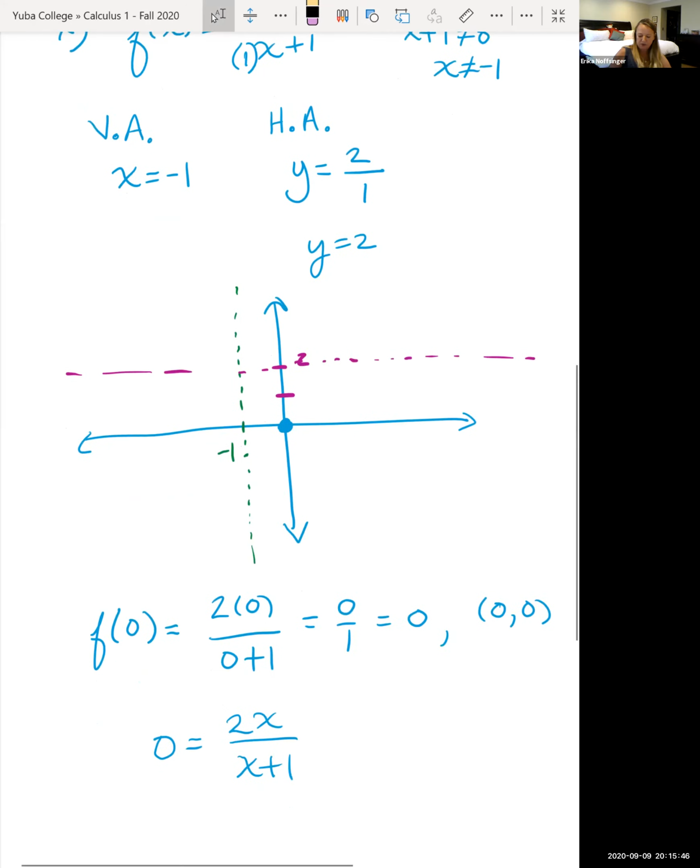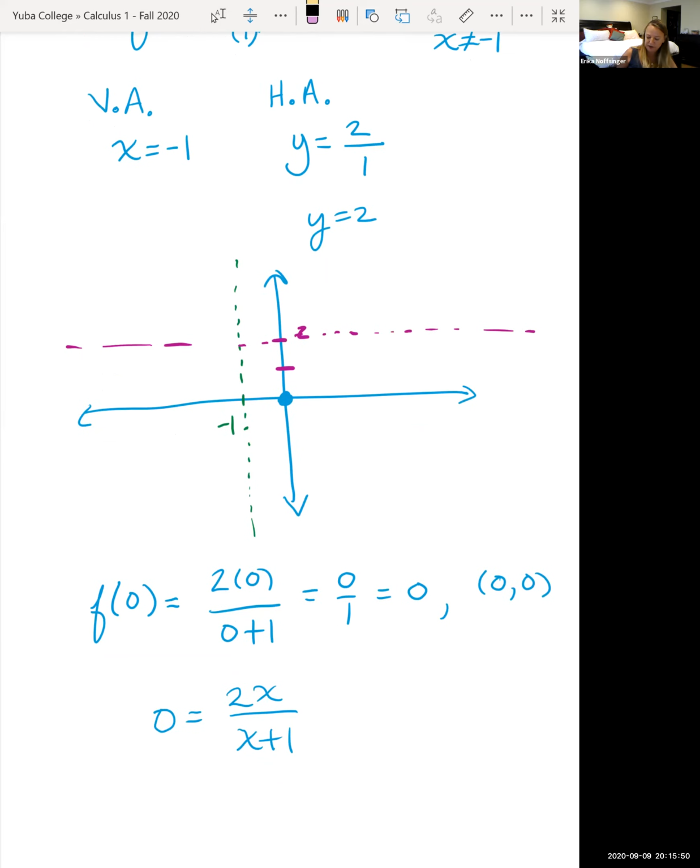The x plus 1s would cancel, so I'm really only worried about when the numerator is equal to 0. So when is 0 equal to 2x? Well, divide by 2, that's when x is 0. So I know it's not going to cross the x-axis anymore.